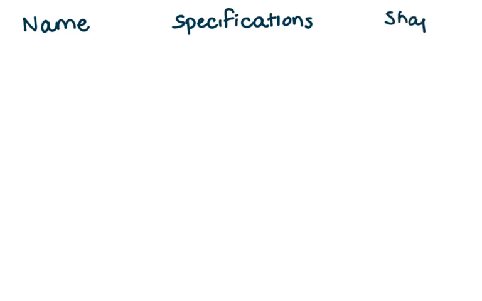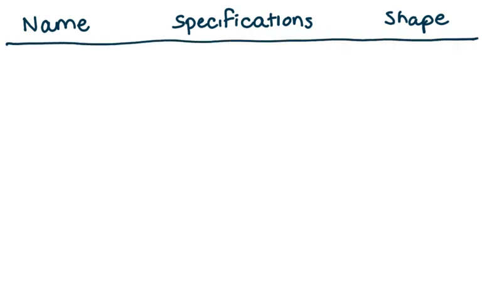Okay, so the first one I want you to know is the square. I'm going to put the name, then the specifications, and then the actual shape. So the first name is going to be the square.